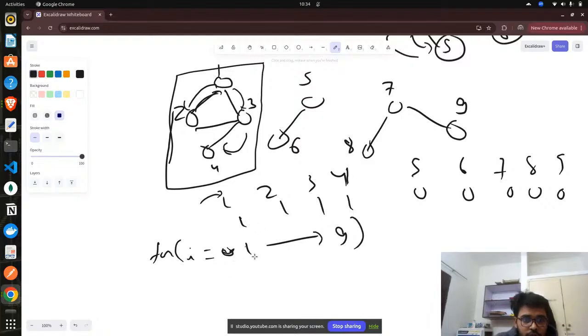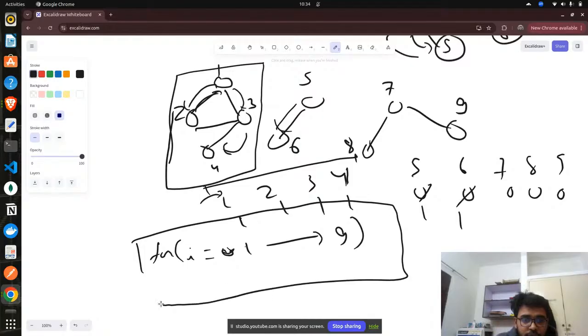Then in this loop, when i is 2, it is already visited, so we will not visit it. Our second DFS will start from 5, and this will mark 6 as 1 and 1. So we count the number of nodes from which we do DFS, and it will return this answer. We do DFS with node 1, then 5, then 7, and this way we get three provinces.